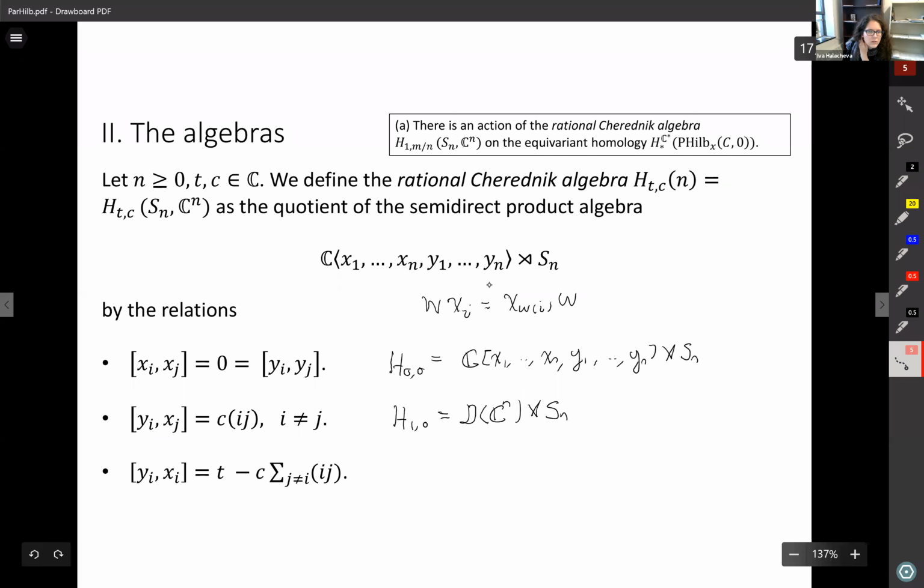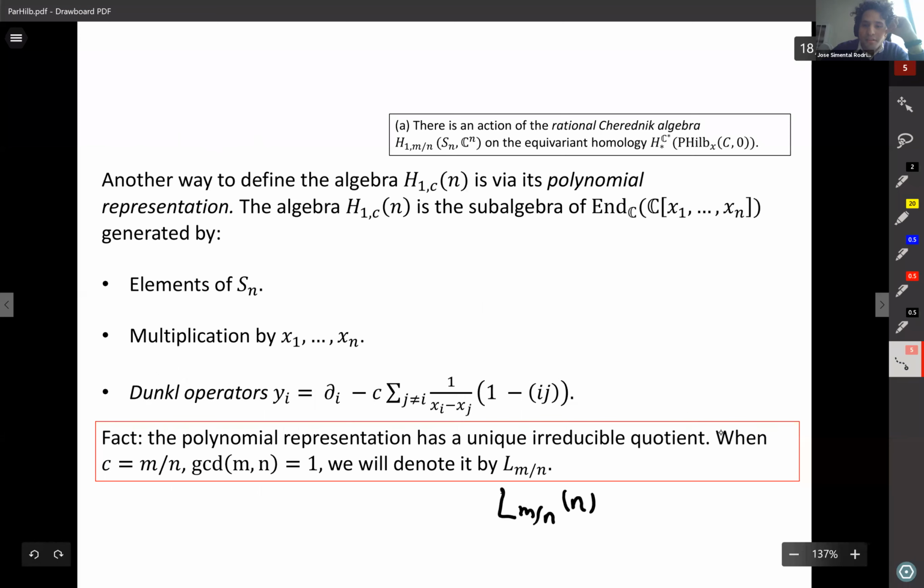No, it doesn't simplify particularly for these parameters. What we need, so essentially, this T and C you can always rescale by a non-zero complex number. So I can say either T is 0 or T is 1. And these parameters M over N are, to say it in a way, the most interesting parameters. For most parameters, this representation will be simple.